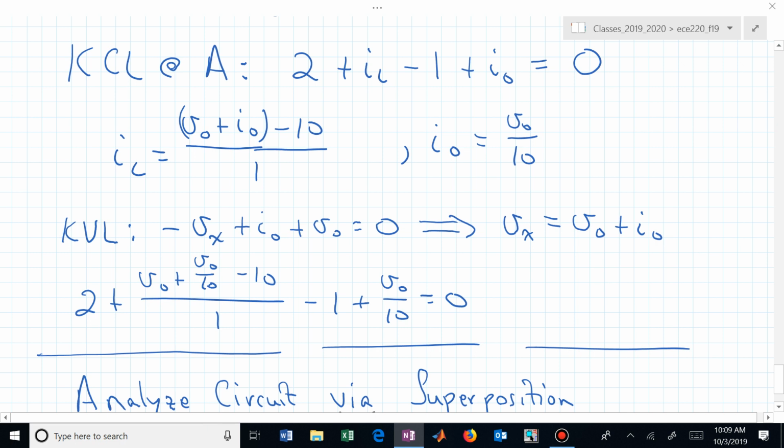Now I have one equation in V sub 0. You could solve that for V sub 0, and you should find that V sub 0 ends up being 90 over 12, or that boils down to 15 over 2, or 7.5 volts. That's the voltage dropped across that 10 ohm resistor on the right.